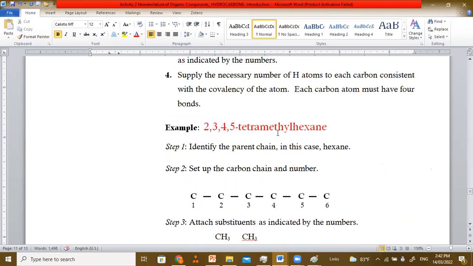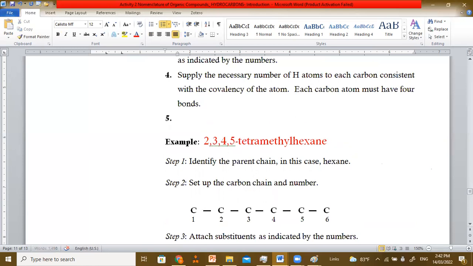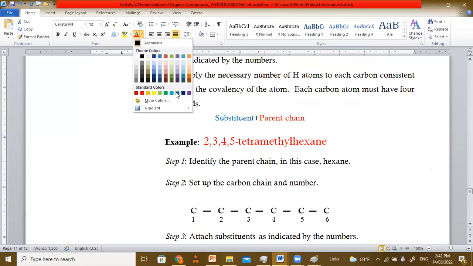You have 2,4-tetramethylhexane. So our parent chain is the last one. Always remember, when we name, the parent chain is last, and before that is our substituent. Remember, that's how we name. So the parent chain, and before the parent chain is our substituent or substituents.